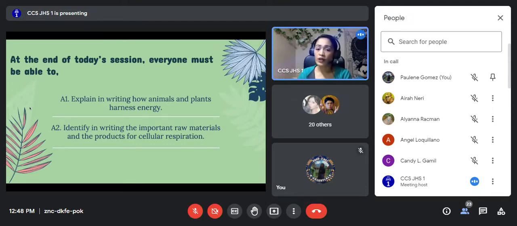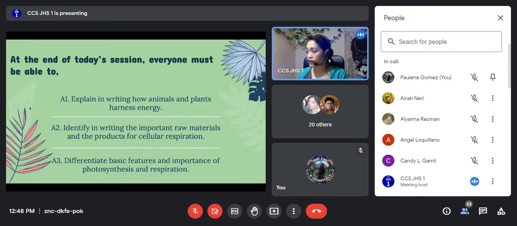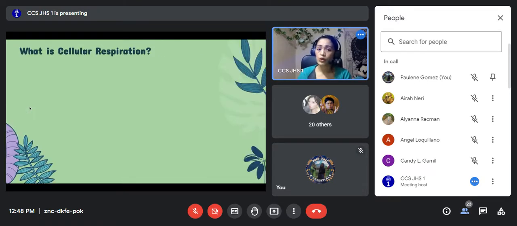What are the raw materials and products needed and produced in cellular respiration? And lastly, what are the different features that make photosynthesis and cellular respiration different but also related to one another? So the primary question now is, what is cellular respiration?